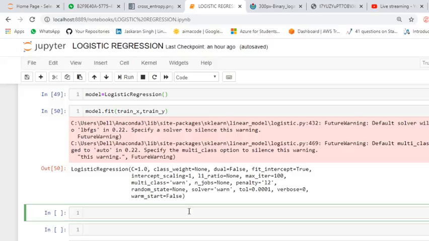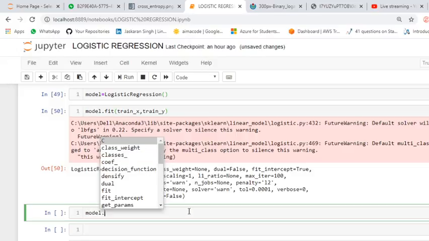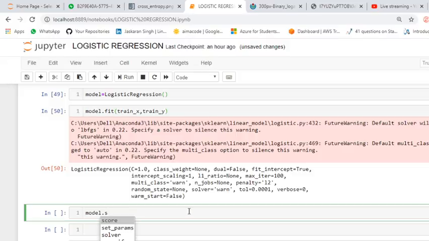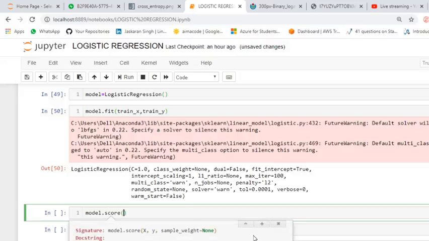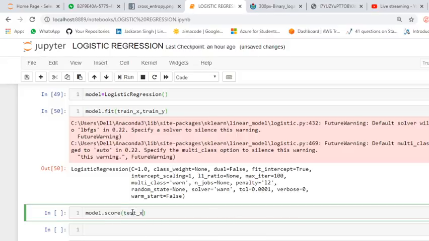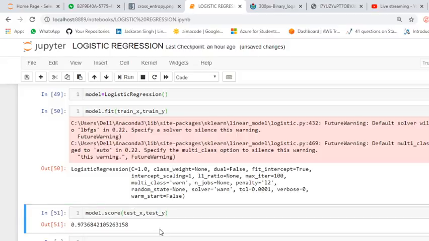So we have the mean accuracy. It says our model has 97% accuracy.